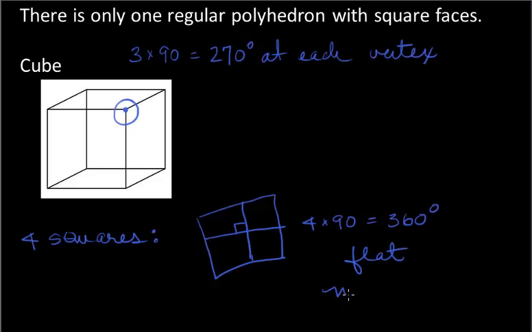We would have no 3D at that corner. So we can't use 4 squares, and of course we can't use 5. That's more than 360 degrees. So we only have 1. We can join 3 squares at a vertex, and that is what gives us our regular polyhedron, the cube.